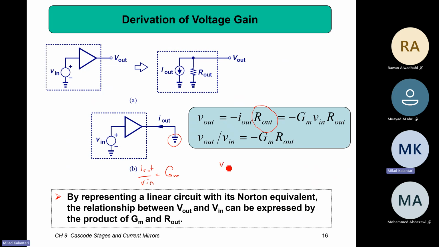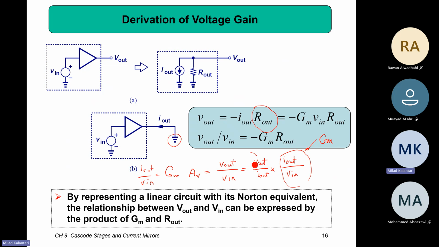And then if you want to calculate the V out over V in, basically, you can break it into V out over I out times I out over V in. We are looking for the voltage gain, for example. So you can break it into two sections. One is this GM, we already calculated.